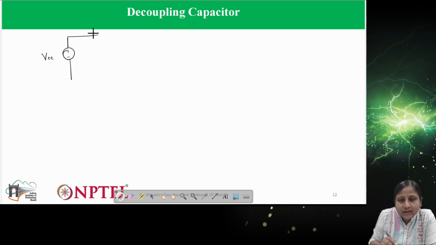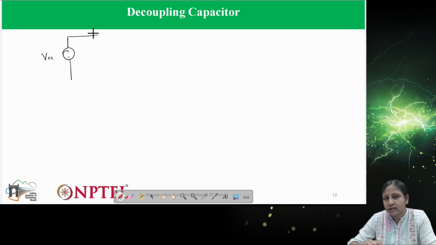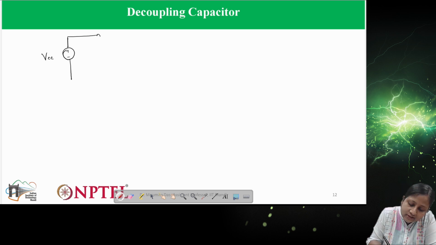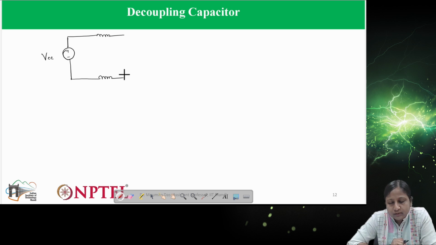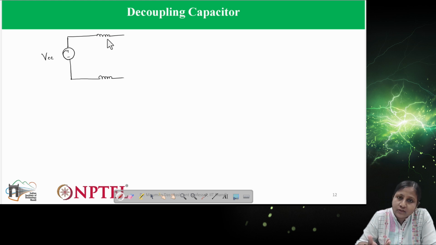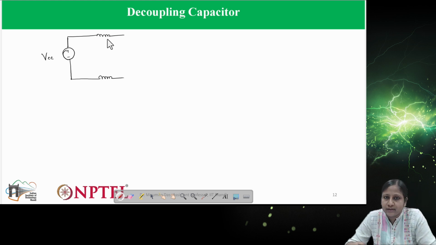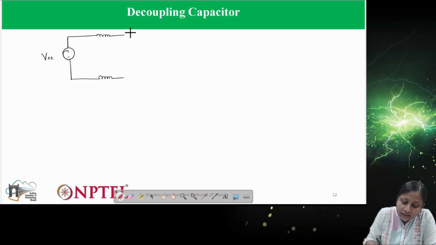Whenever we connect VCC to any driver or signal isolator, due to the connection layout there will be parasitic inductance and resistance in that path. The values may be very low. Due to the resistance there will be losses, but due to the inductance there will be parasitic ringing. That ringing can be suppressed by using a decoupling capacitor.